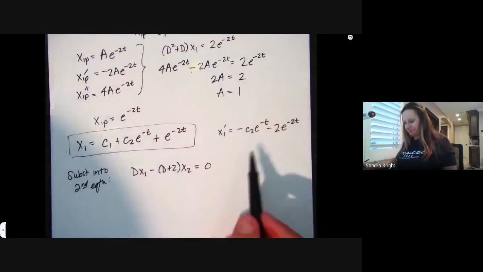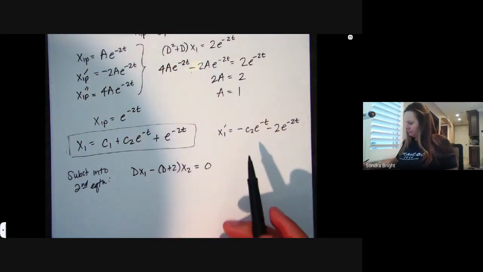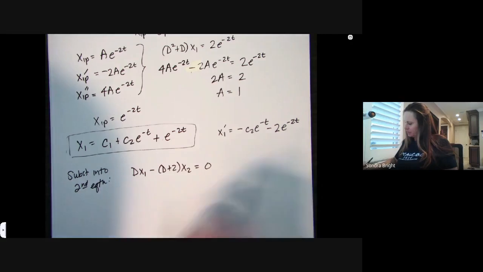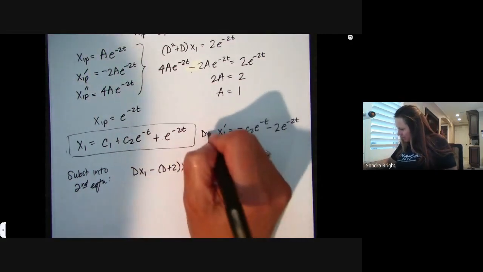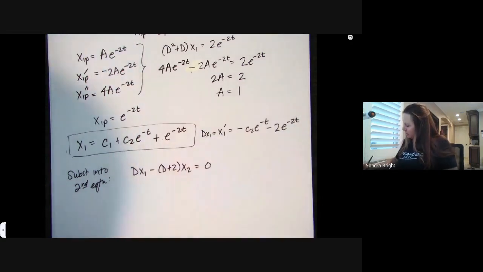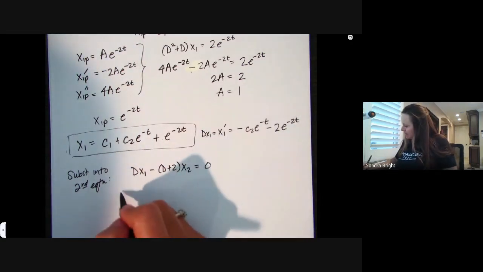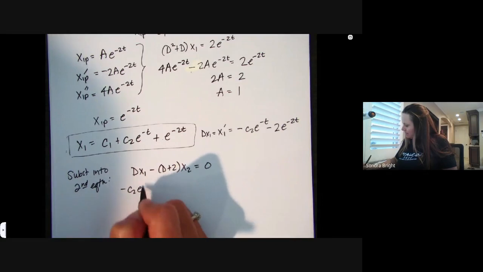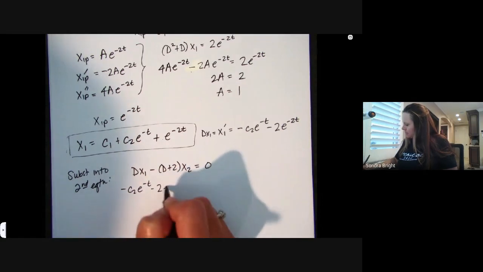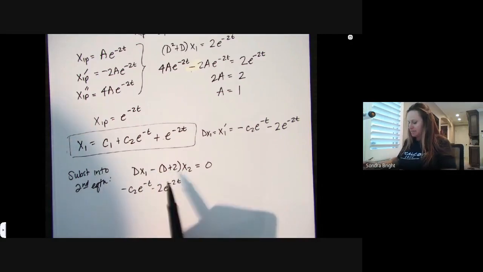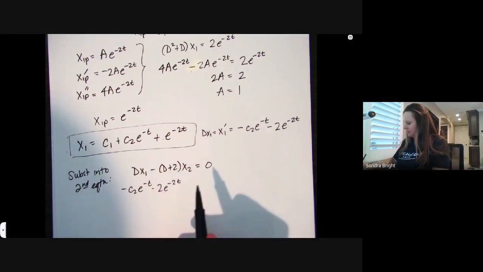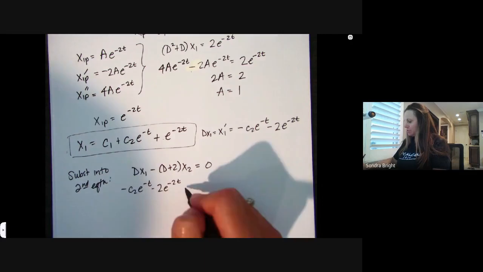So that's why I'm going to replace Dx1, to say Dx1 means x1 prime. So we've got negative c2 e to the negative t minus 2e to the negative 2t. And then we're going to subtract from it (D plus 2) operating on x2, which is what we're trying to find right now.